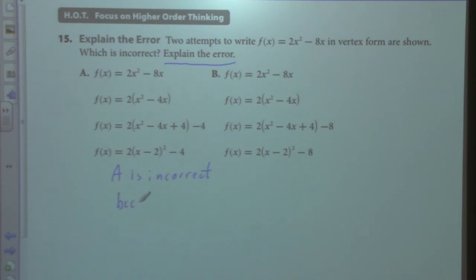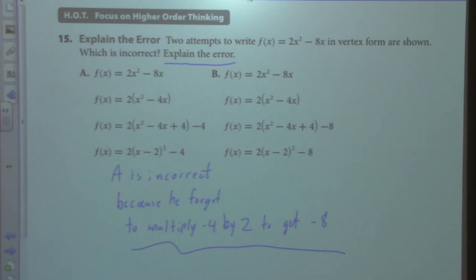Because he forgot to multiply this -4 by 2 to get -8. Okay? Does that work out pretty well?